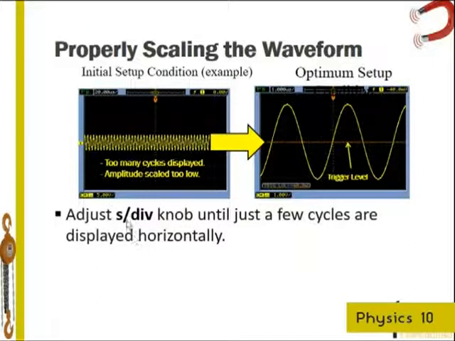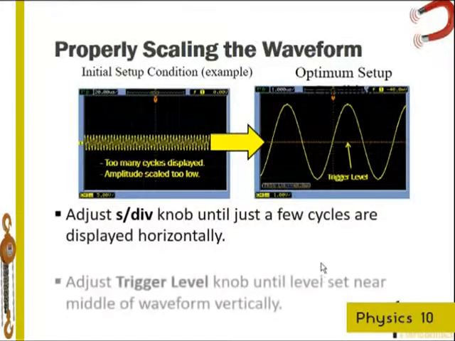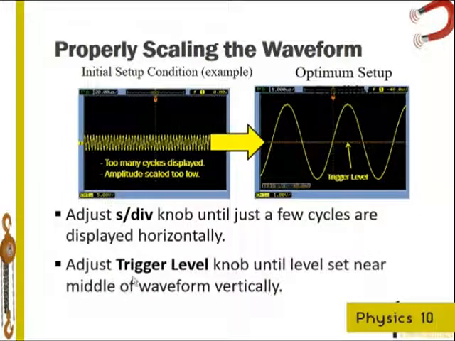If you adjust the time division knob horizontally until just a few cycles are displayed, you can give yourself a more realistic view of the waveform. You can also adjust the trigger level knob until the level is set near the middle of the waveform vertically. The trigger level knob will set this up so that it is more or less in the middle of the screen.